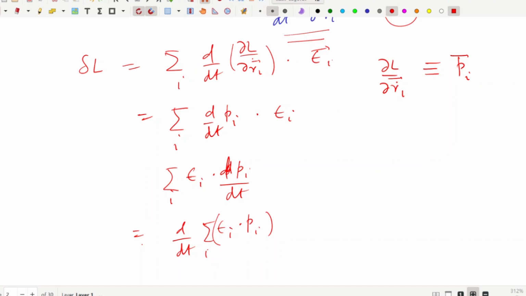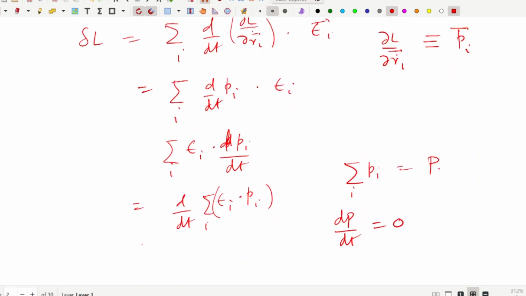Okay. And this implies that if you consider the sum over all i of Pi, this will lead to dP/dt equal to 0.